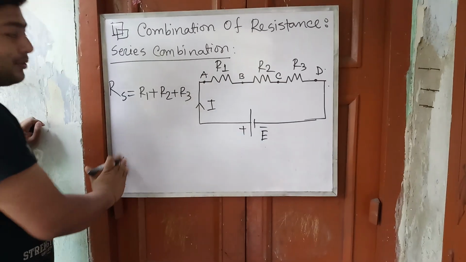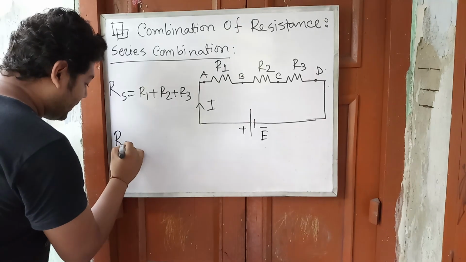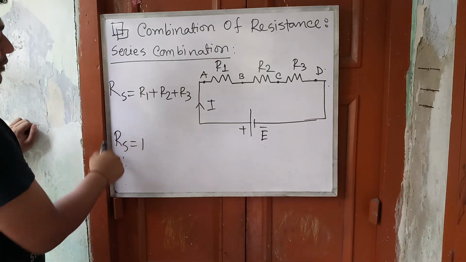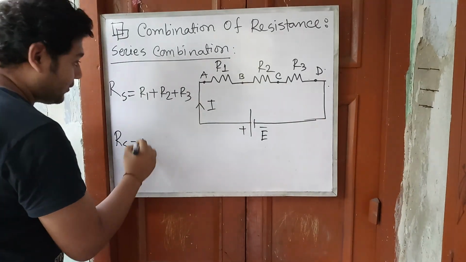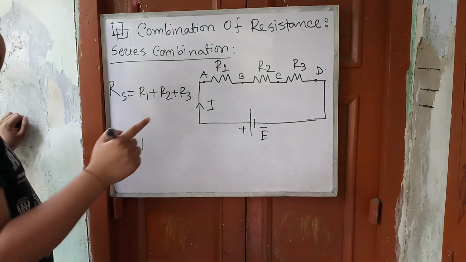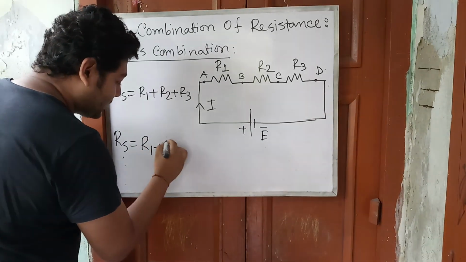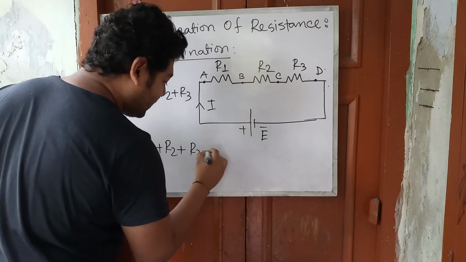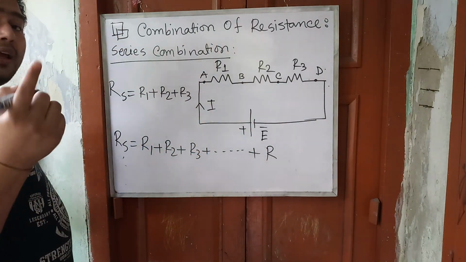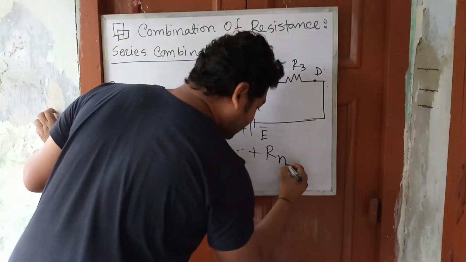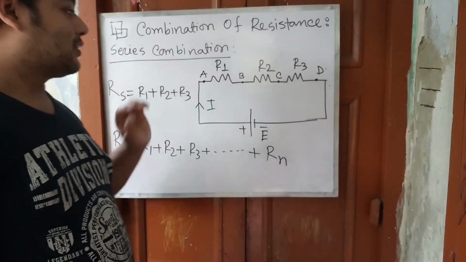If we use an infinite or n number of resistances, then we can write Rs, which means the equivalent resistance of a series combination, equal to R1 plus R2 plus R3 plus up to Rn. Okay, this is called the series combination.